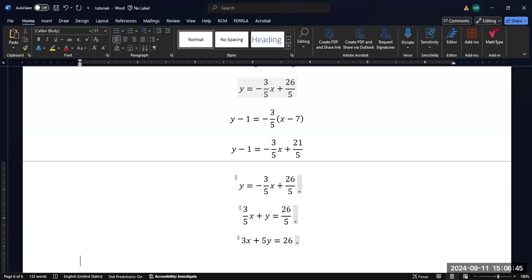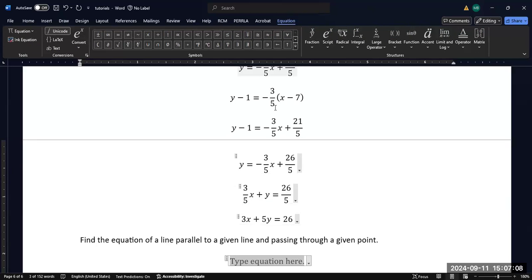All right, now, what if you're given information about parallel or perpendicular lines? Find the equation of a line parallel to a given line and passing through a given point.